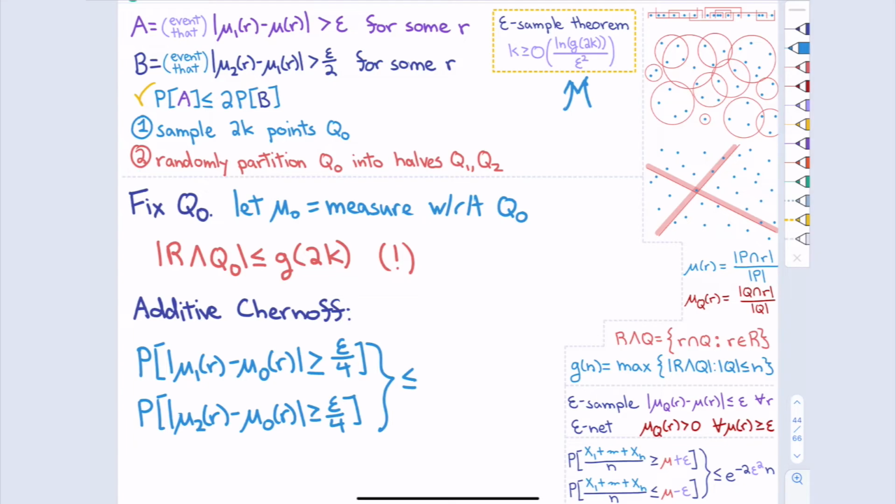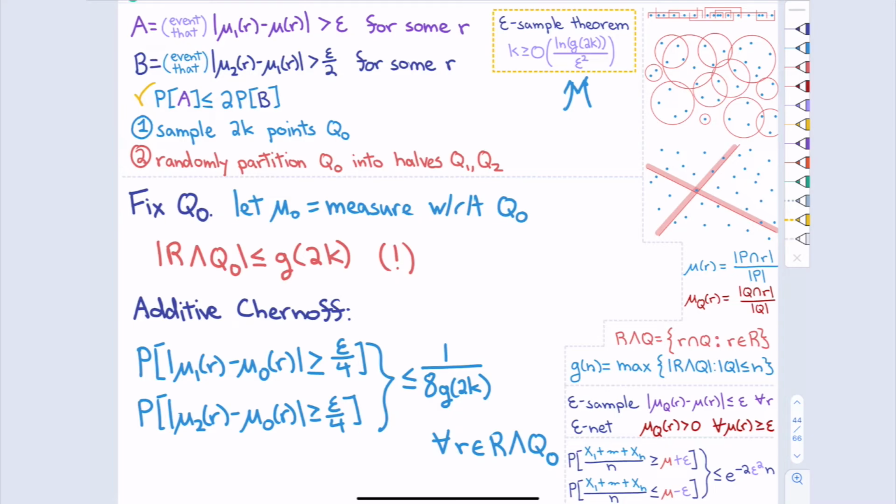Additive Chernoff is going to give us the same kind of e to the negative epsilon squared k kind of thing, where k is proportional to log of G2K over epsilon squared. Probably the K would actually be half of 2K, which anyway is K. I put 8 there because it's convenient.